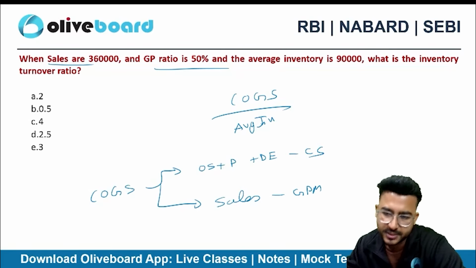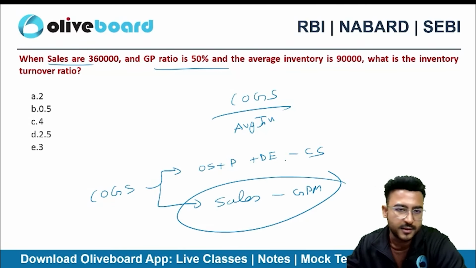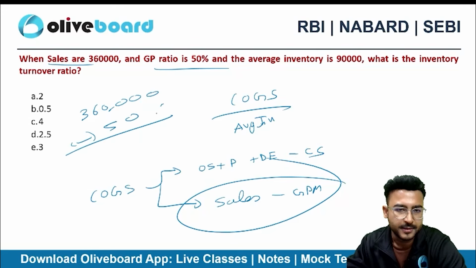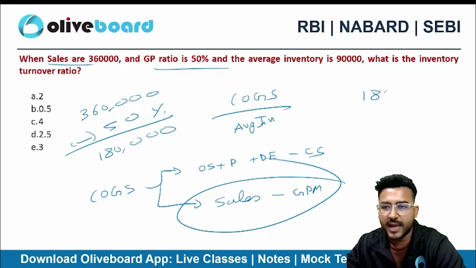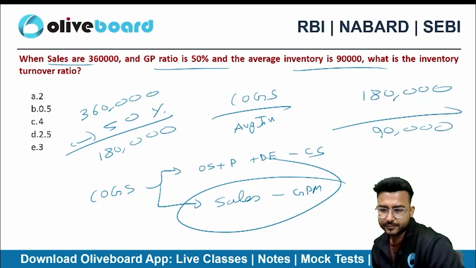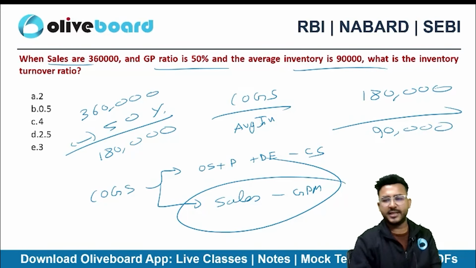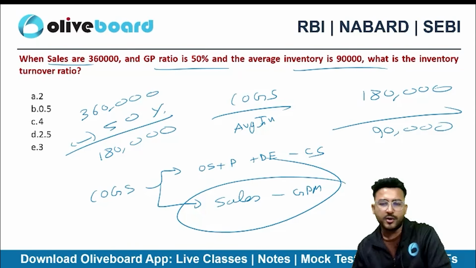In this particular question, the GP ratio concept will work. So sales is 3,60,000, GP ratio is 50%. This will give me my cost of goods sold 1,80,000, right? And they have directly given you the average inventory in the question, 90,000, which comes to 2 times. So Nidhi, I think your commerce and accountancy is pending, right?